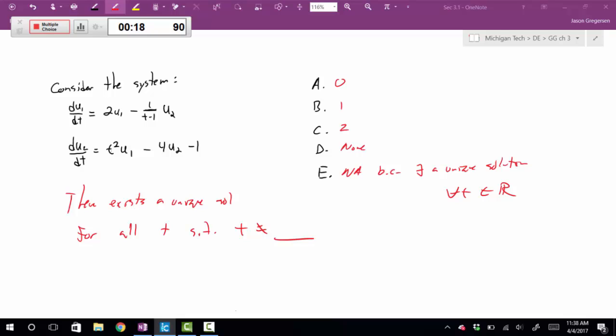Is it 0, 1, 2, some other value that's not listed? Or does it not apply because there exists a solution for all values of t?